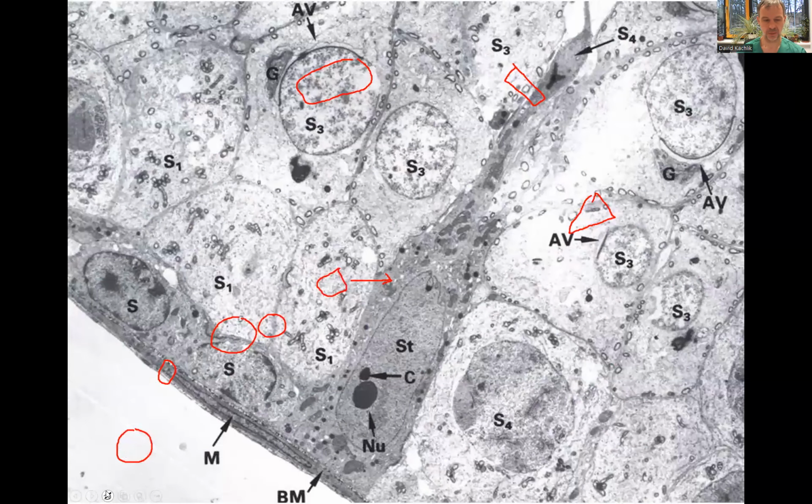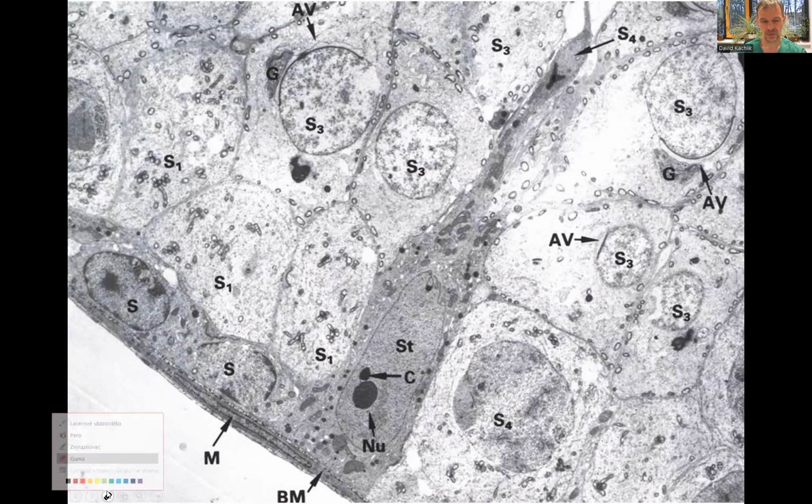Here we can see a scanning electron microscope figure showing us again the spermatogenic complex pseudostratified epithelium, and nicely the Sertoli cell from the basement membrane going up here and then back.